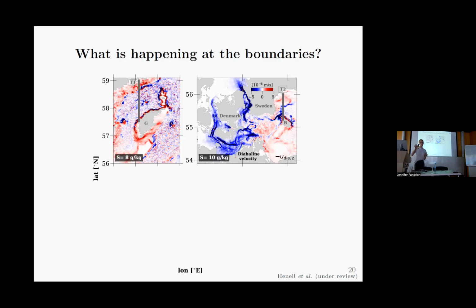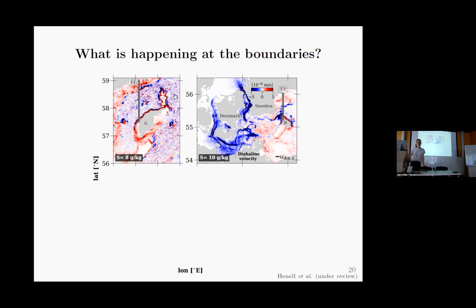But if we zoom in here, for example, on Gotland Island, we can see that there are all these enhanced values following the coastline. And we have a specific structure. You can also see it here along the Swedish mainland. So we have the incoming velocity here, which is a lot stronger than in the surrounding areas. And then we have this band of outgoing velocity. We also have it around Gotland, but it's a bit more difficult to see with the isohaline that I've chosen.